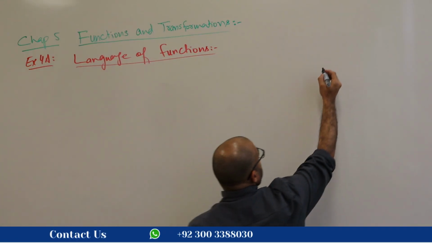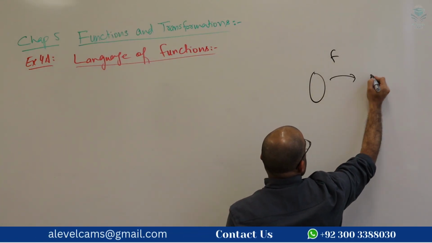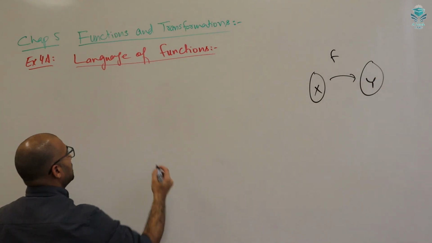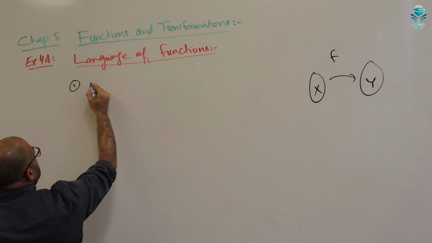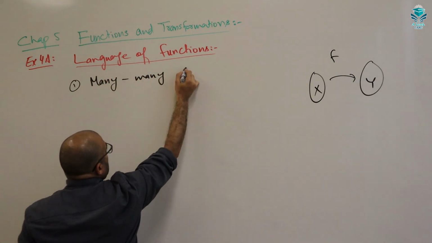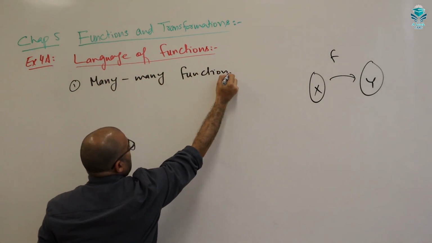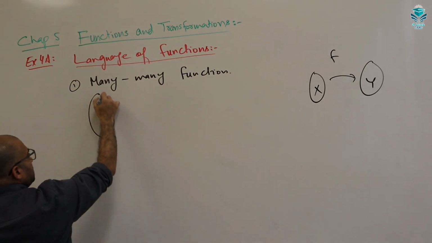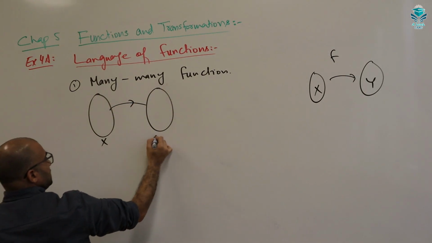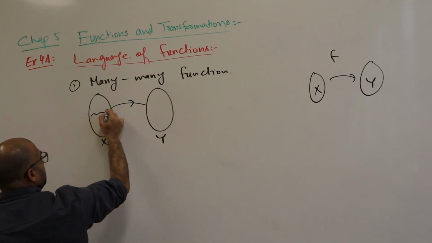For the function f from the set x to y, there are several types. Let's say one function is of type many-many function. In this function, this is f, this is x, this is y.